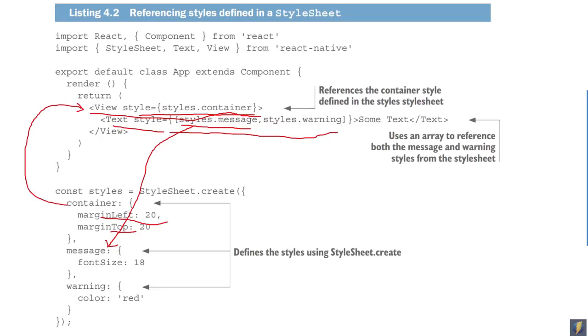And the next one is styles.warning. Warning is here. This means we are using two styles for the text component. For this text component, the font size is 18, and the color is red. It has two.